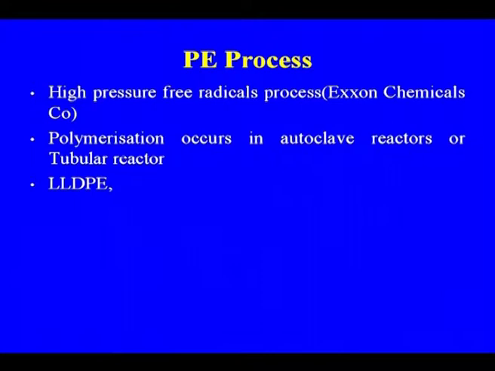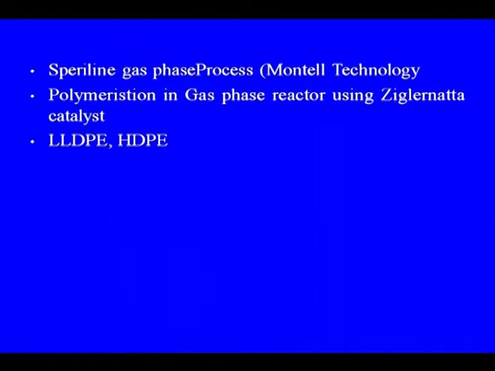High pressure free radical process by Exxon Chemicals. Polymerization occurs in autoclave reactors or tubular reactors, and the LLDPE, linear low density polyethylene, that we are making by this process.